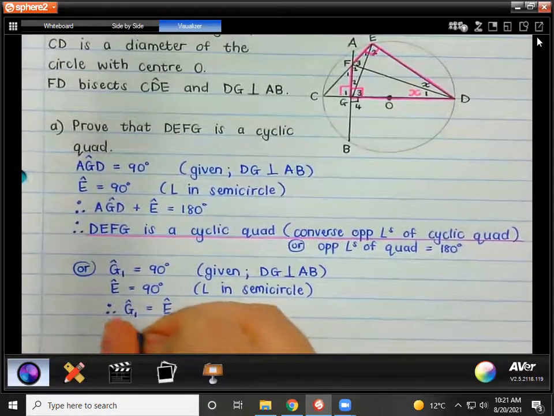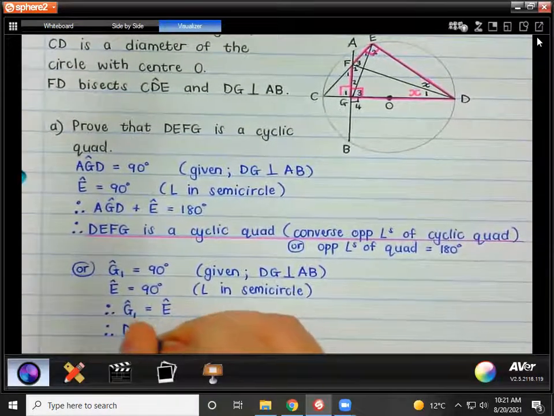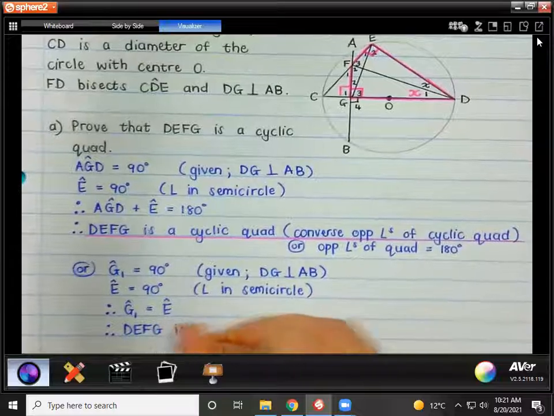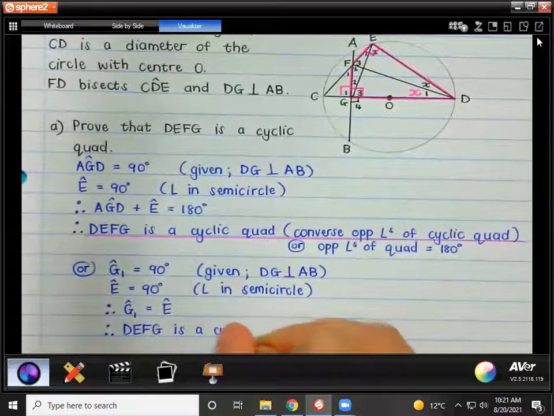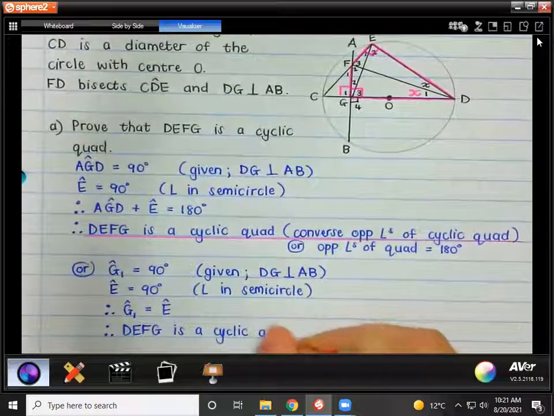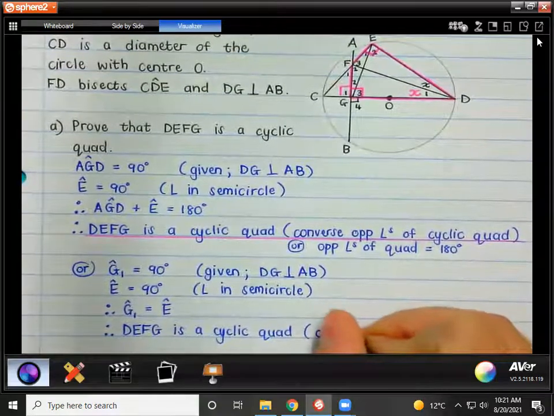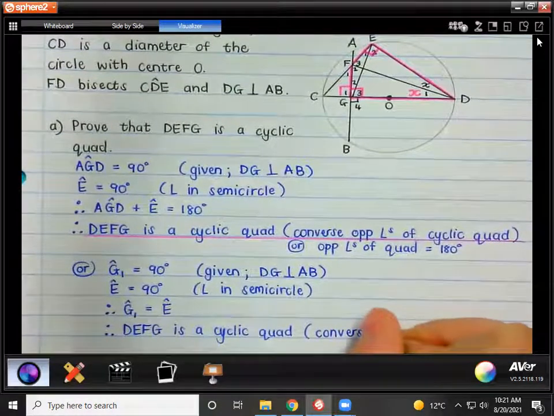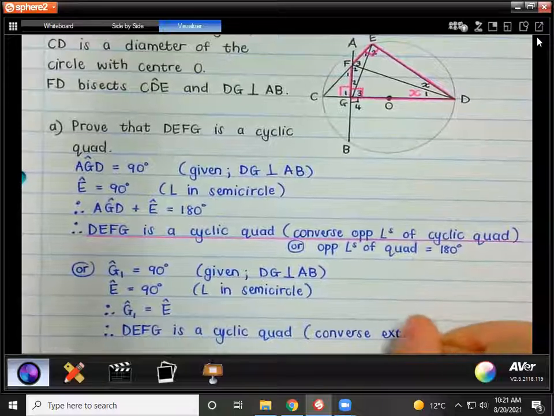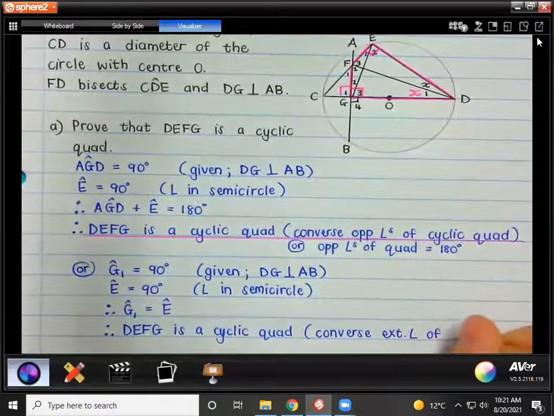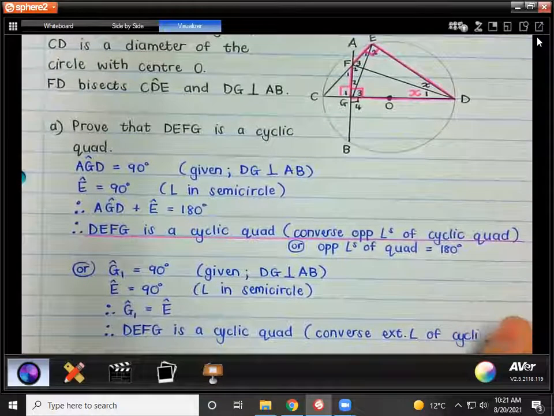Therefore, DEFG is a cyclic quad. Converse exterior angle of cyclic quad.